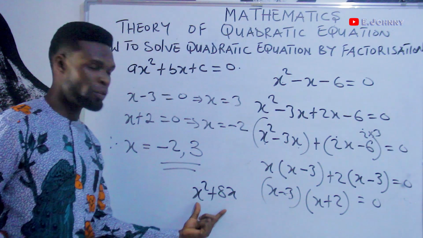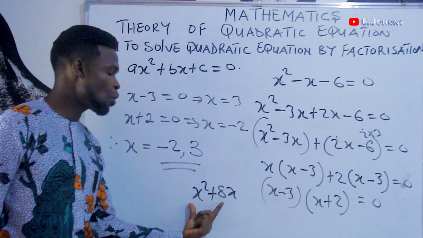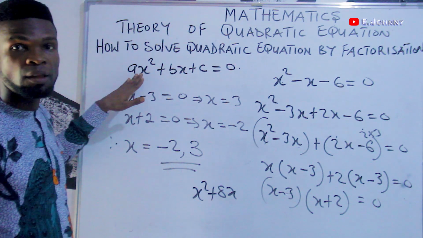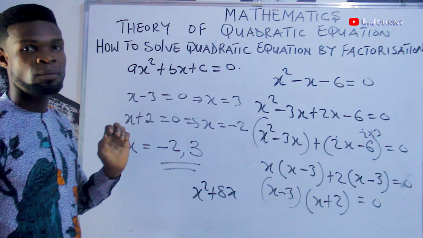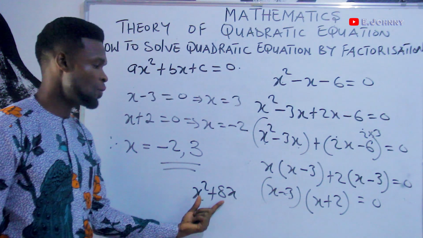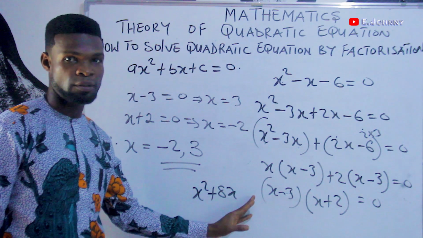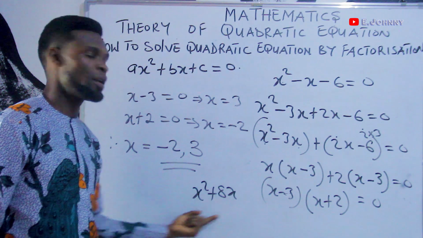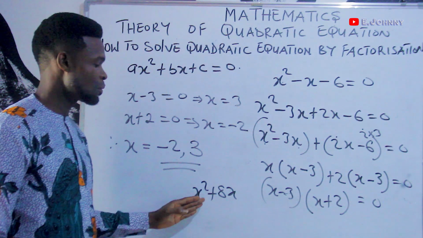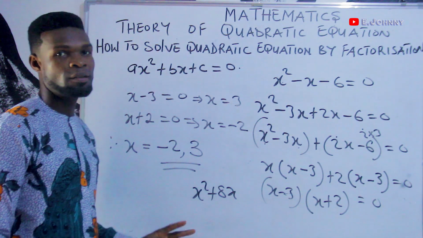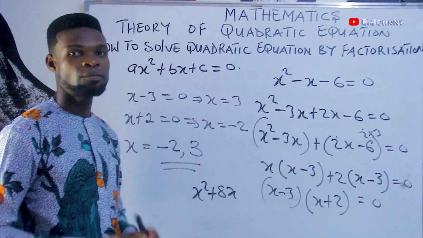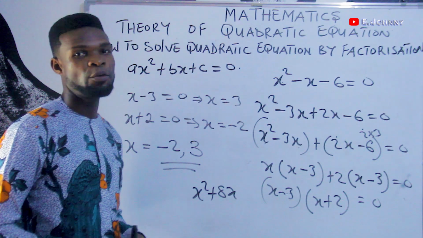This is still quadratic, but it is an incomplete quadratic. In what sense? Quadratic has 3 terms, 1, 2, 3, which we have seen examples. But this one is still quadratic, even though it is not up to 3 terms. So when you encounter something like this, what do you simply do? So I'm going to give us maybe 2 examples under this, and I round up with factorization method. So stay with me. I'll be right back.